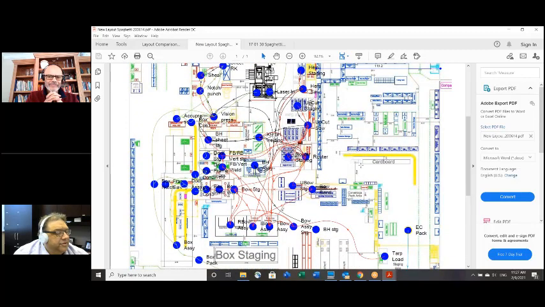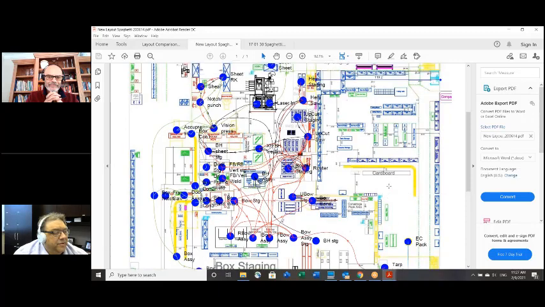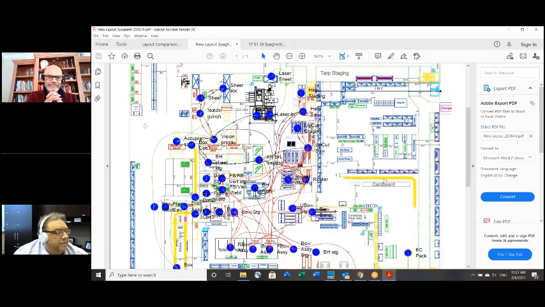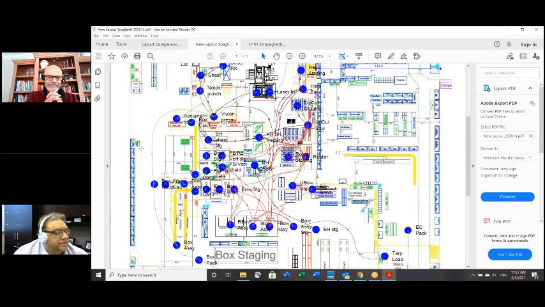First of all, I just want to show there's no fork trucks past this row here. We have fork trucks here, where our raw material comes in. This is actually product that we're slowly trying to reduce inventory on.